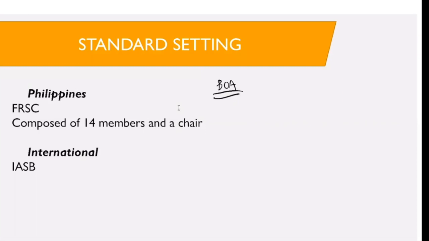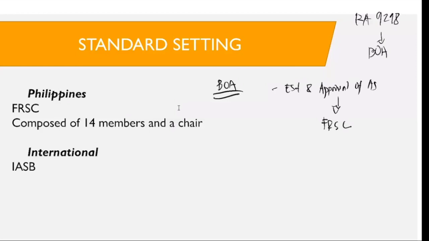So upon recommendation of the Board of Accountancy, with the function of establishment and approval of accounting standards, we have now your FRSC. Okay, so first there is a governing law, RA 9298, which created your BOA. Now your BOA recommended the establishment and approval of accounting standards.